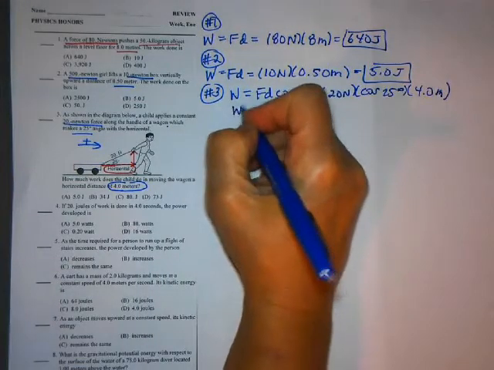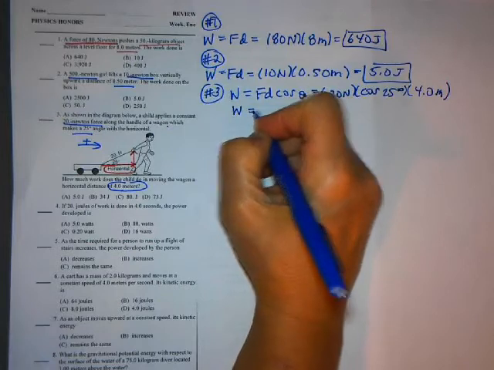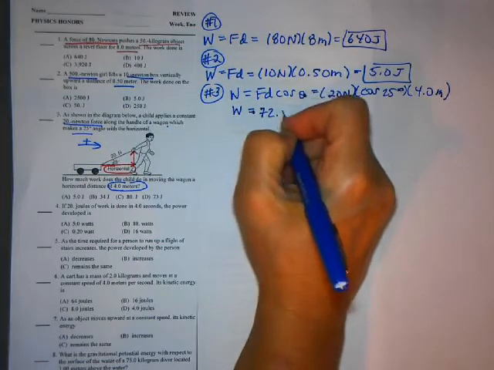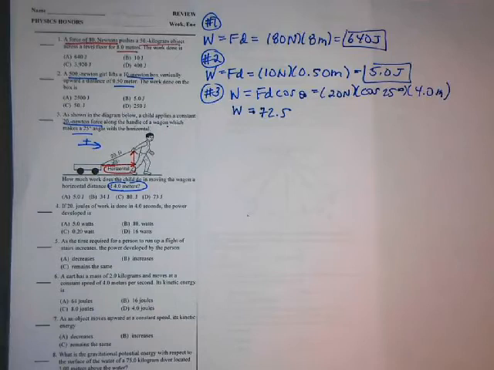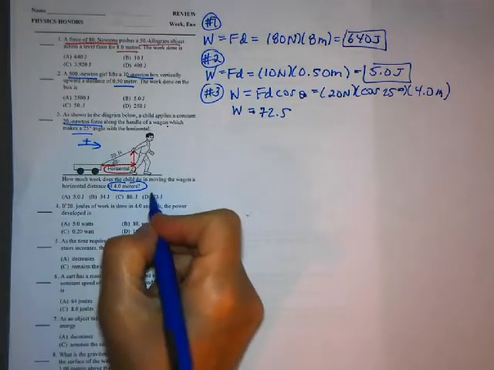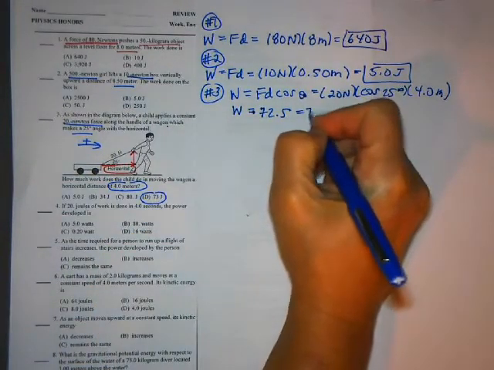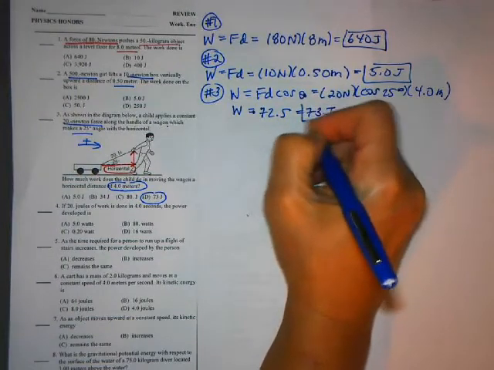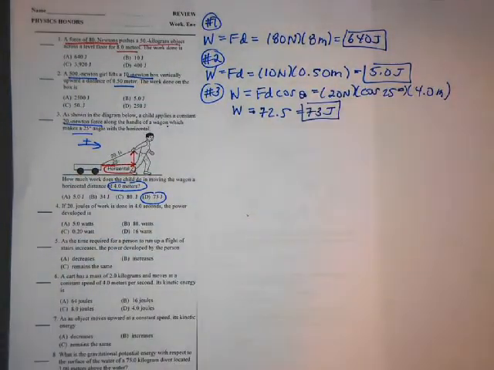The work comes out to be 72.5, but with correct significant figures, which is 2, that's going to be 73. You have to remember that on multiple choice questions, the answer is always going to be in correct significant figures.